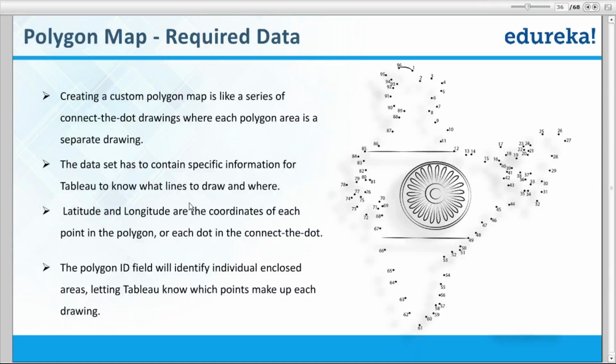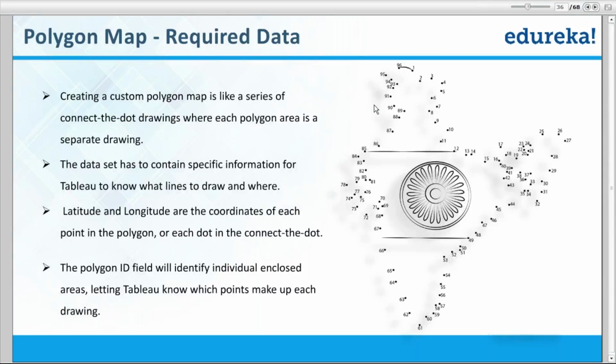Prior to informing Tableau that you need to draw this, the data set has to contain specific information, like what lines to draw and where to draw the line. I need to define that.